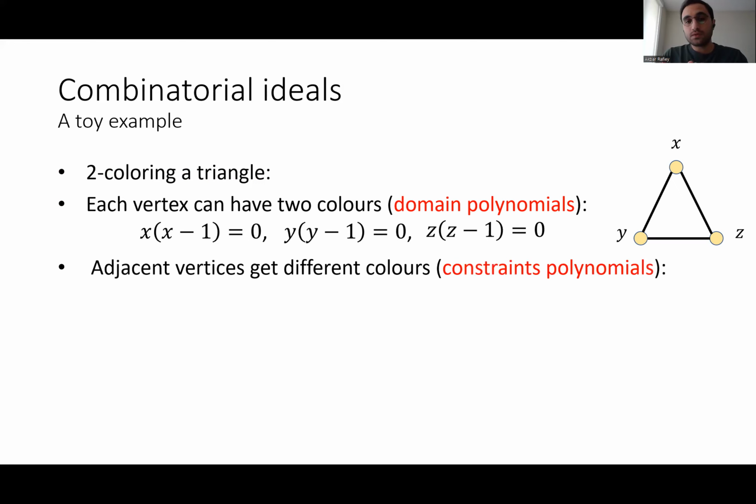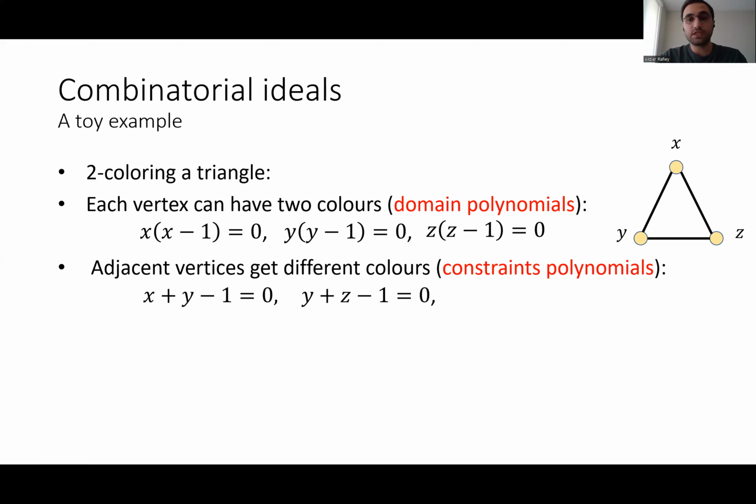Then we need some polynomials that enforce the adjacency constraint, so that two adjacent vertices receive different colors. For instance, for x and y, because they are adjacent, we encode such a constraint by the polynomial x plus y minus 1 equals 0.